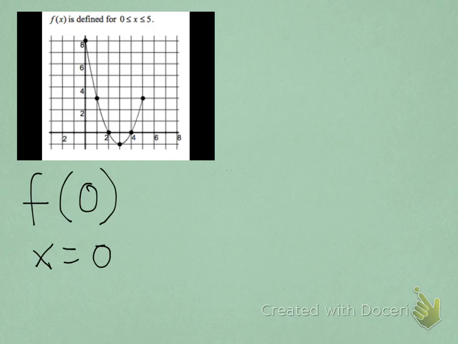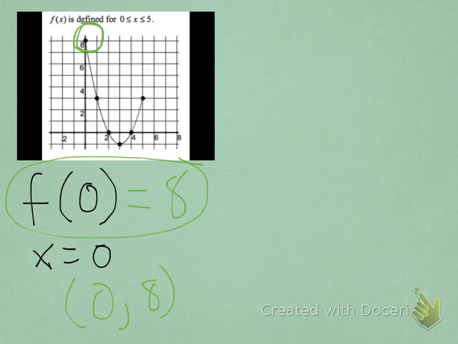To do this, we simply find on the graph where the value of x is 0 and where the function is when x is 0. So the value of f of 0 is 8, therefore defining that point 0, 8.